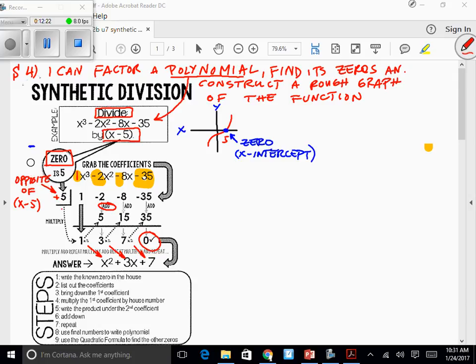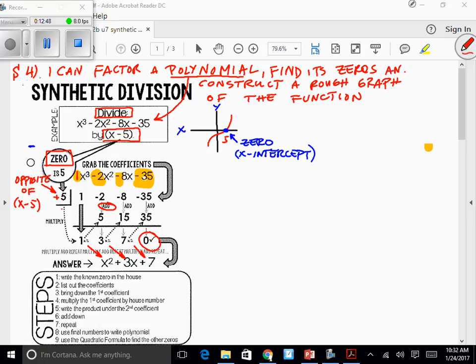Here are the pieces I want you to have so far. If you were given a division problem, which I'm about to give you, I'm going to make yours x minus something. I should make it x plus something so that you know that out front you would do a negative sign, but I'll still make it look exactly the same. If they're given a division problem like this, step 1, the factor is rewritten with the opposite sign.